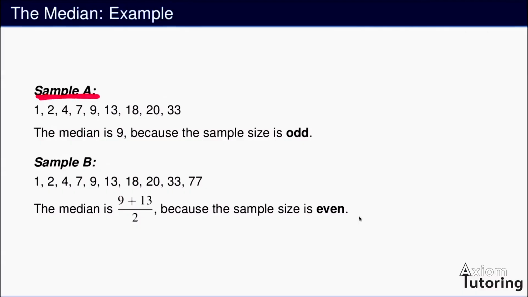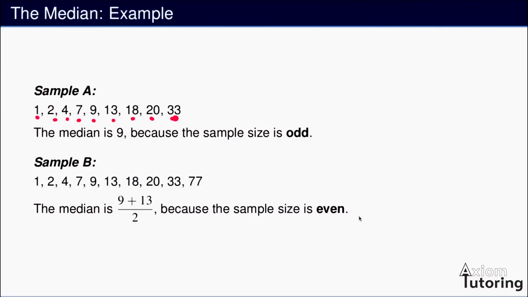Let's look at sample A. We have different observations: 1, 2, 4, 7, 9, 13, 18, 20, and 33. We need to find the median. As you can see, they've already been ordered from smallest to largest. Now we just count the number of observations: 1, 2, 3, 4, 5, 6, 7, 8, 9.